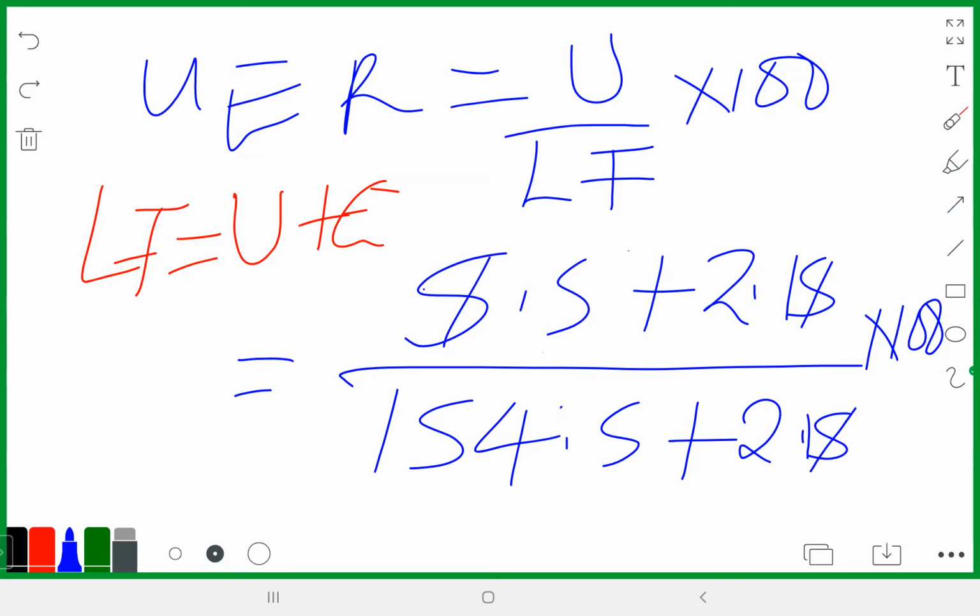Okay, so I shall have 8.5 plus 2.18, and what are you finding on top?